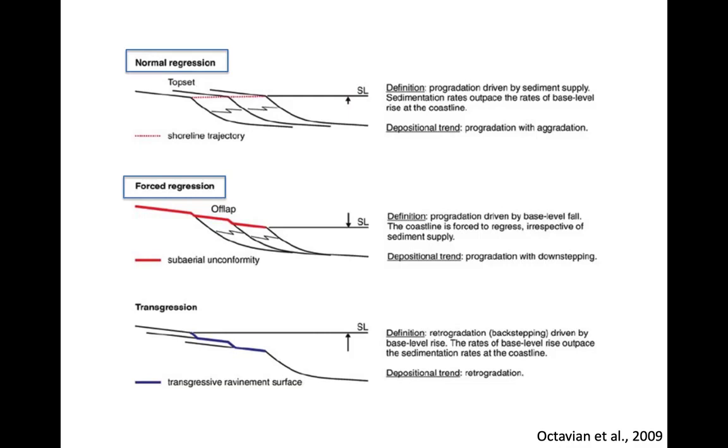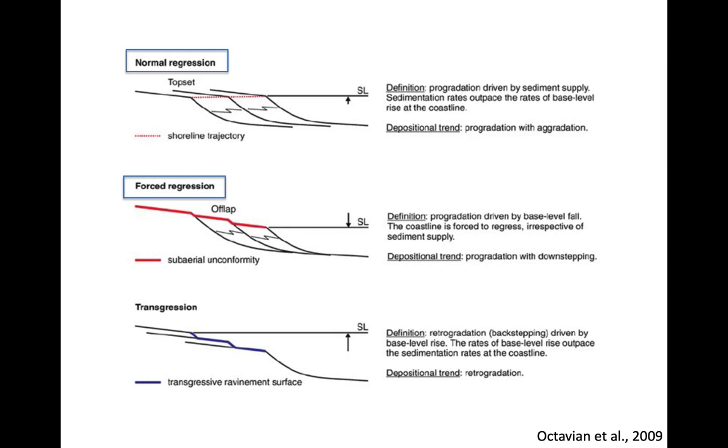There's a normal regression, and that's when there's more sediment supply outpacing base level rise, meaning we're pouring more sediment into the basin than the water level is rising. So if you imagine with me, let's take a jar and we're going to fill it halfway with marbles. All right, so let's put some water in there.